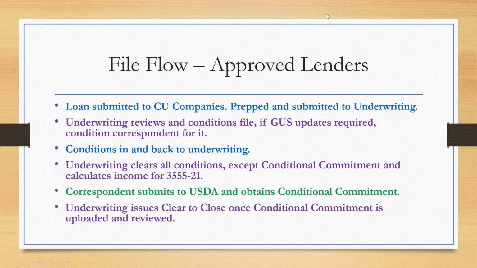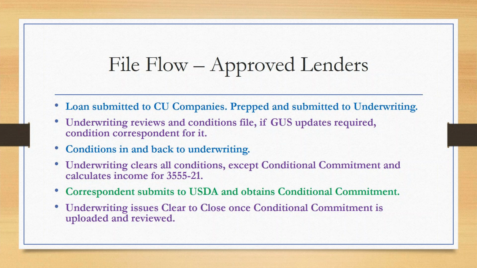Okay, so just a quick rundown on file flow for approved lenders. You're going to submit your loan like you usually do into the TPO website with your GUS. CU companies will do their underwriting, issue that conditional approval, ask you to update your GUS if there's something that we wanted you to change.